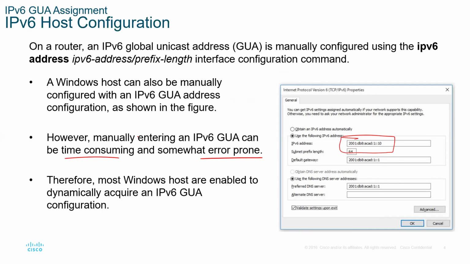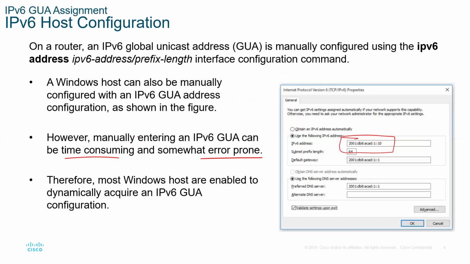You need to understand those flags. If I'm using SLAAC only, what are the values of the flags? Our A is equal to 1. If I'm using stateless DHCP, then our A and O are equal to 1. If I'm using stateful DHCP, then my M is equal to 1 and my A is equal to 0. And if you manage to understand that, add a little bit of the communication between the client and server with respect to the exchange of RS and RA messages.